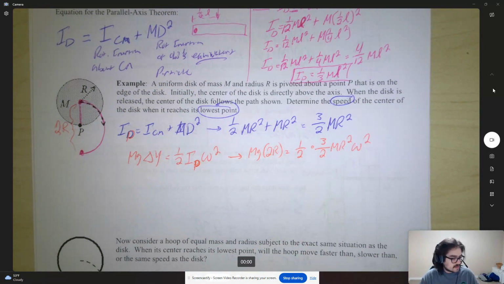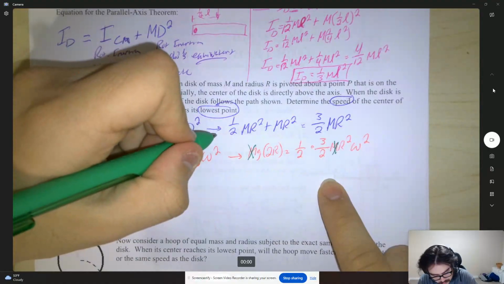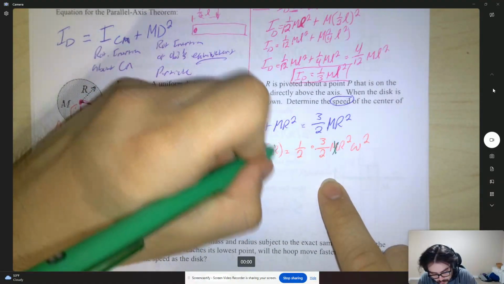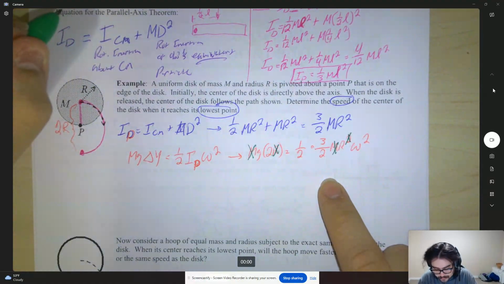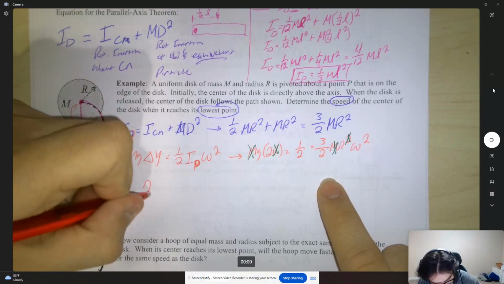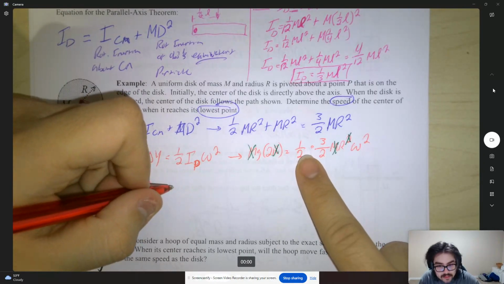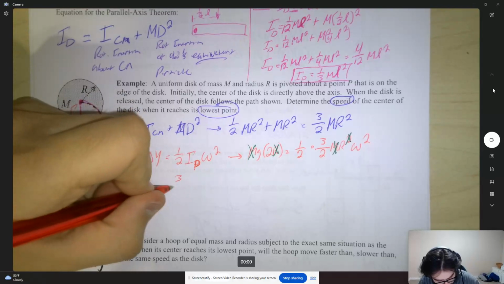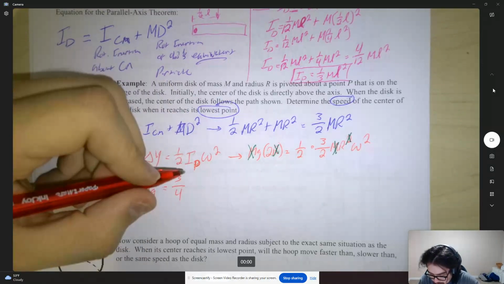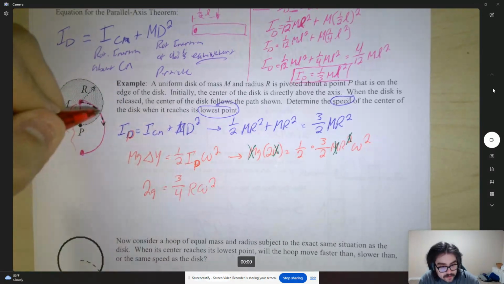You'll notice you can make a couple of cancellations here. You've got m on both sides, and you can cancel out one of your r's. You'll be left with 2g equals 3/4 r omega squared.